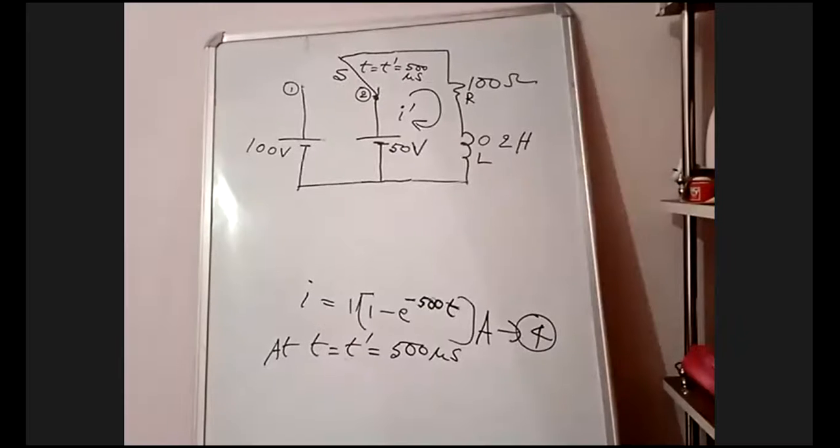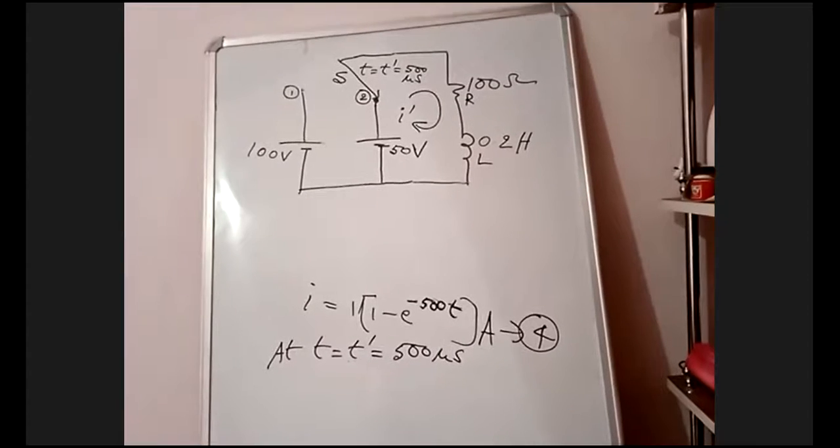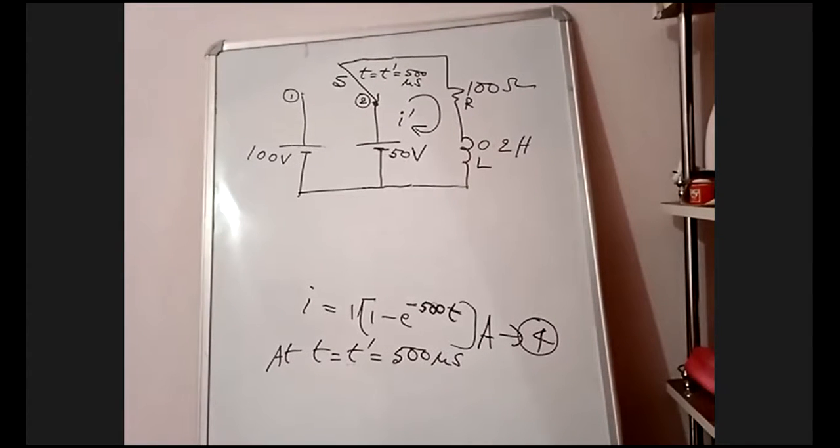When switch is in position 1, at t is equal to 0, what is the current? 0 only, sir. It is 0.